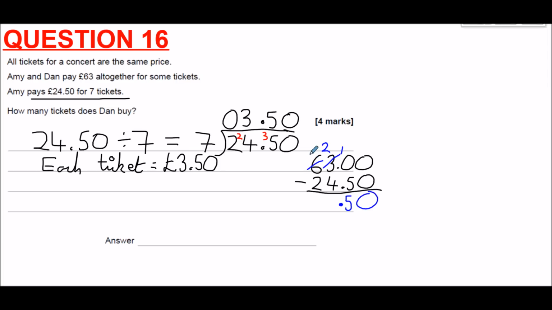Borrow 1 from the 6, that becomes a 5. And the one we've borrowed goes next to this 2, which now becomes 12. 12 take away 4 is 8. And finally 5 take away 2 is 3. And so that tells us that Dan spends £38.50.